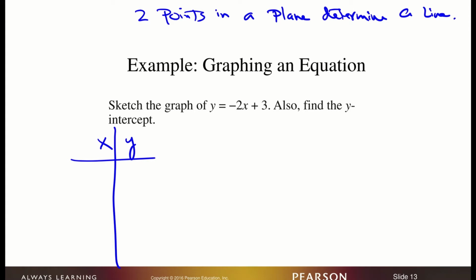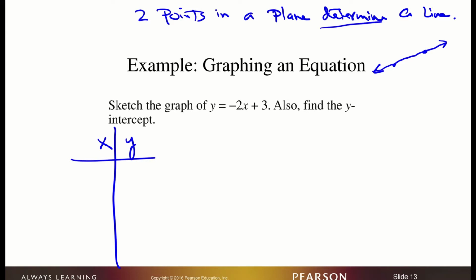That means if you have a plane, like the surface of the computer you're working on, of course, extended infinitely in every direction, or the whiteboard that you may see in a classroom, that kind of a two-dimensional plane, and you have 2 points on it, right? Then there is one and only one straight line that will go through those 2 points. That's what this strong word determine here means, right?